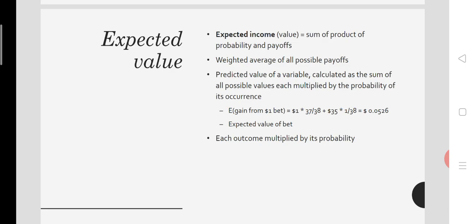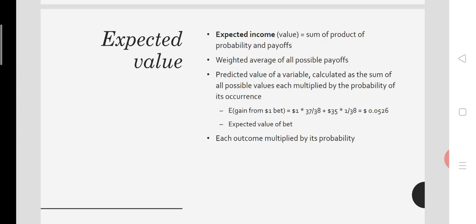So we know the payoff now. Payoff is the value of each outcome. The probability weighted average of the possible payoffs is the expected value, or expected outcome, or expected income from an investment or from a consumption decision.